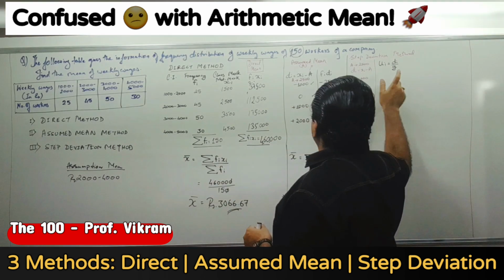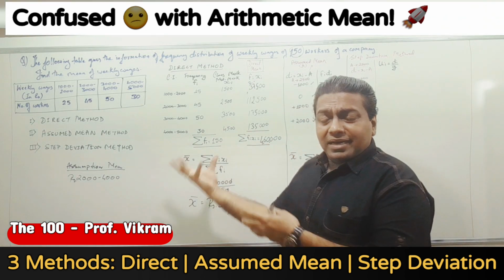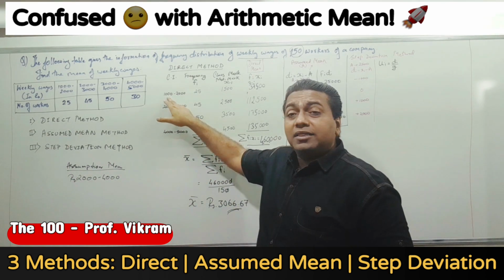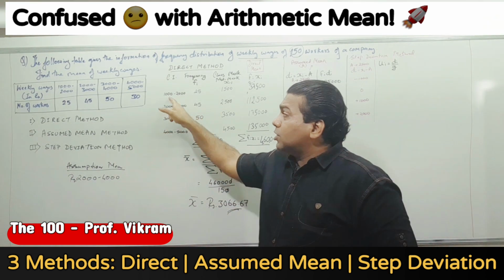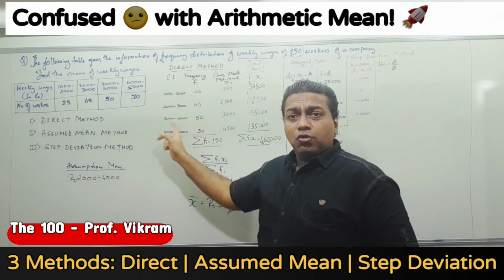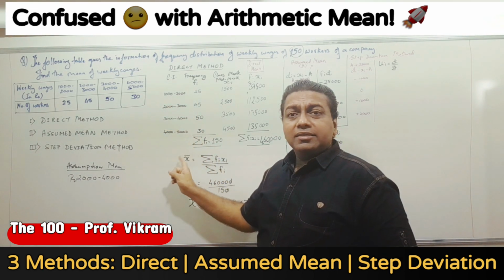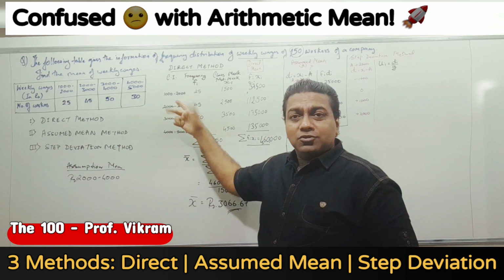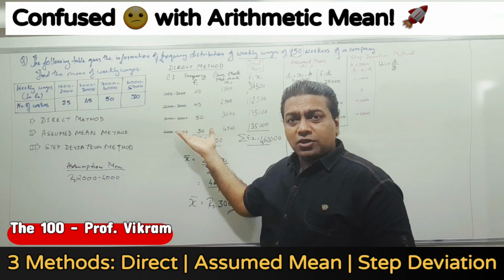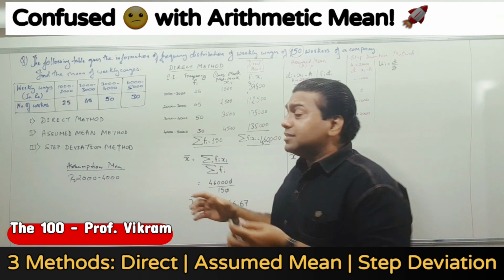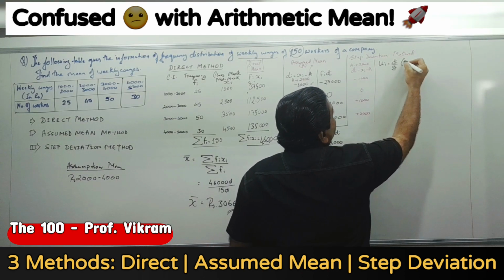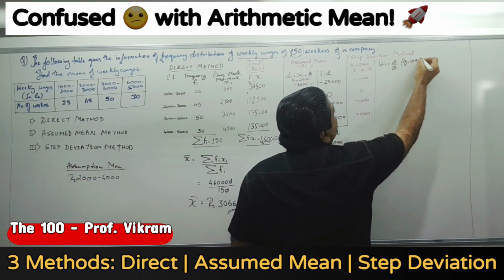If you see the table, the difference between lower and upper limit is 1000. Between 1000 and 2000 the difference is 1000, 2000 and 3000 is 1000, 3000 and 4000 is 1000. So I am going to consider my value of g as 1000.